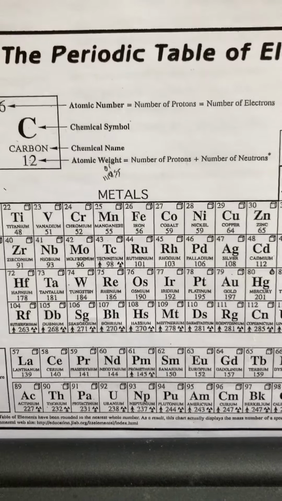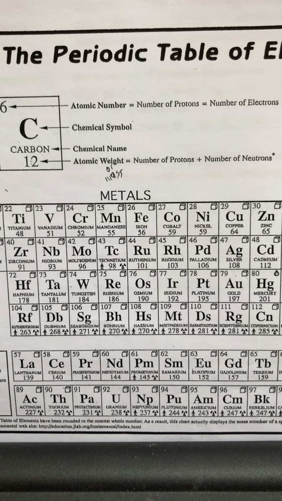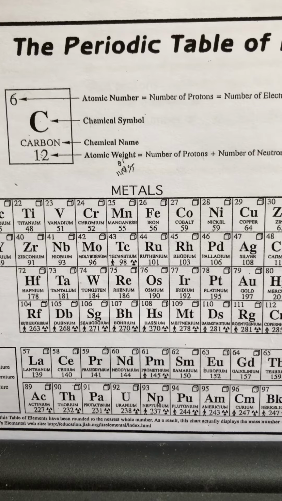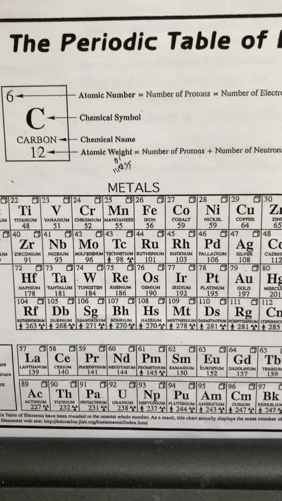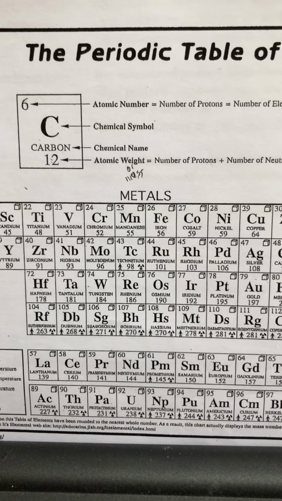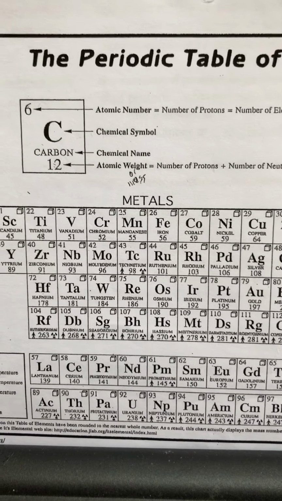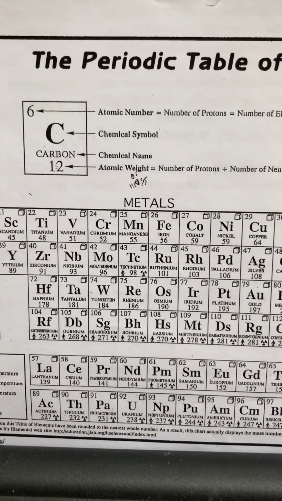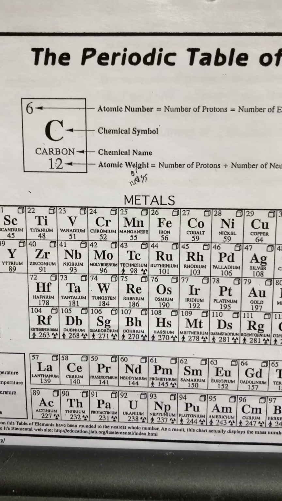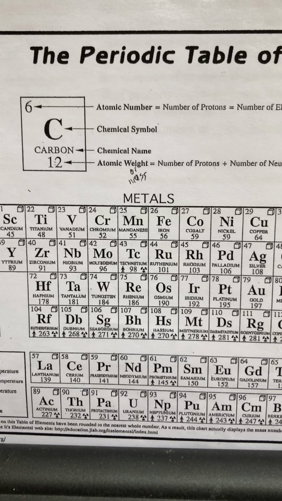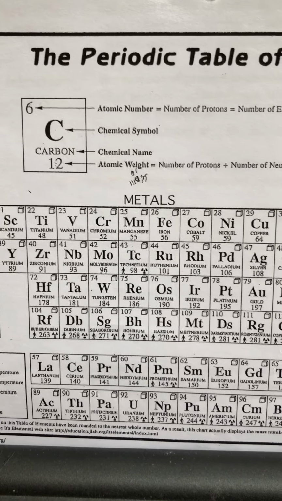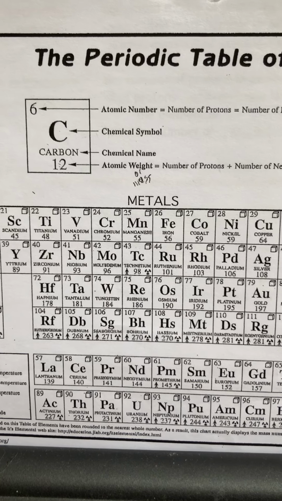If it tells you the number of protons and the number of neutrons, you've got all the information you need to answer every question on the periodic table. Remember that the electrons do have mass, but they are so infinitesimally small that they don't count. Basically the mass of the atom is the mass of the protons plus the mass of the neutrons.